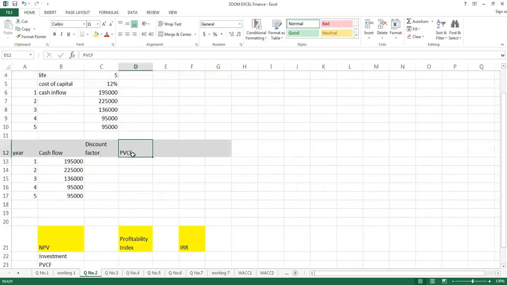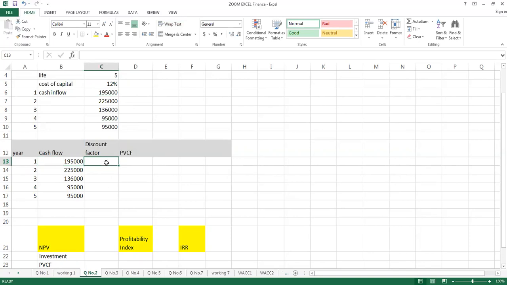So to calculate it, I need discount factor. Do you know what I should do to calculate discount factor? If you don't know, then check the time value of money chapter, where we calculate present value. To get discount factor, I need cost of capital.